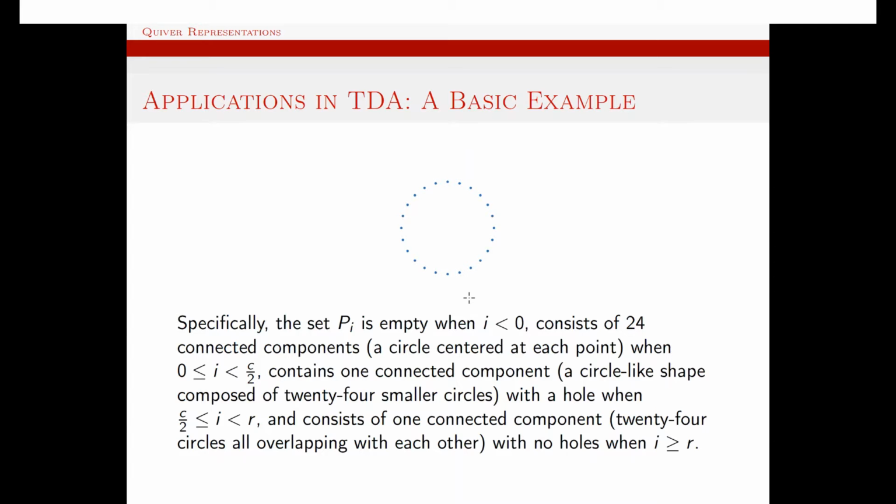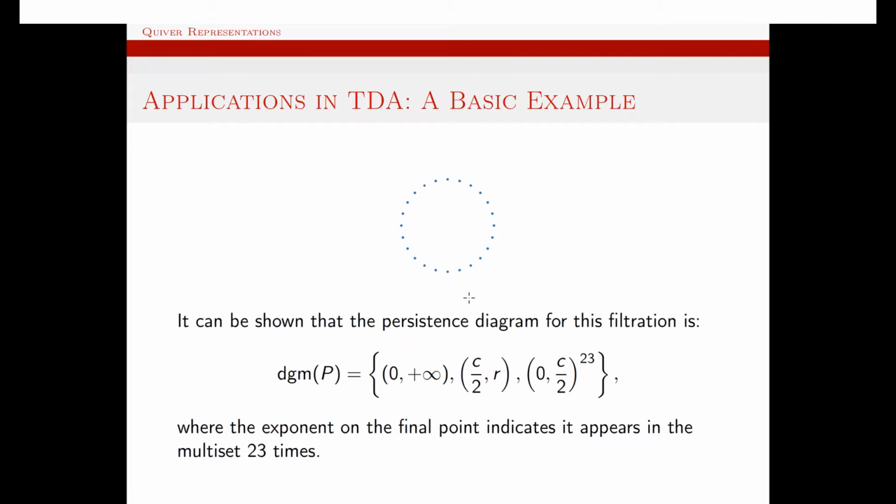Those familiar with homological algebra should be able to determine what the homology groups are in this situation. But what we can do is show that the persistence diagram for this filtration has this form, where the 23 on this third set indicates that it appears in the multiset 23 times.